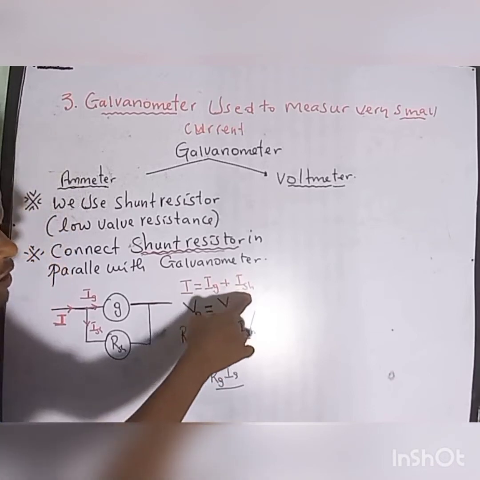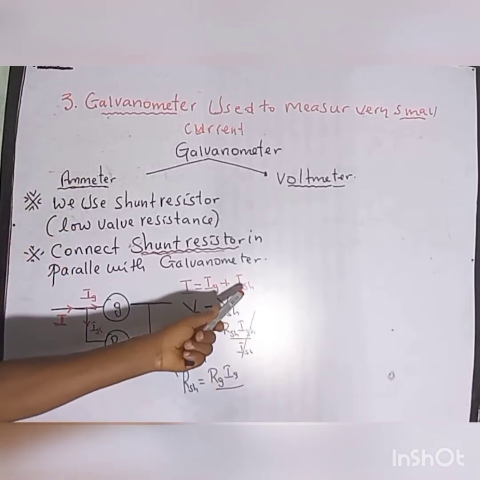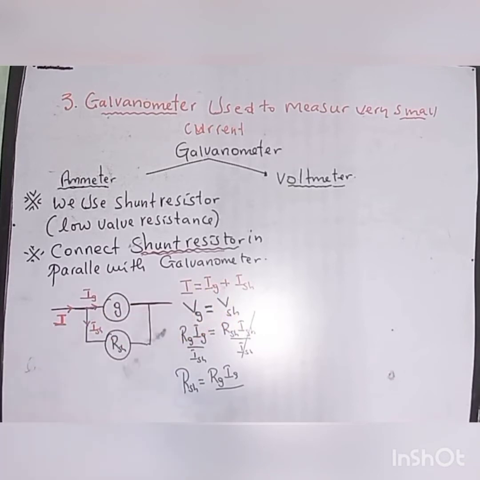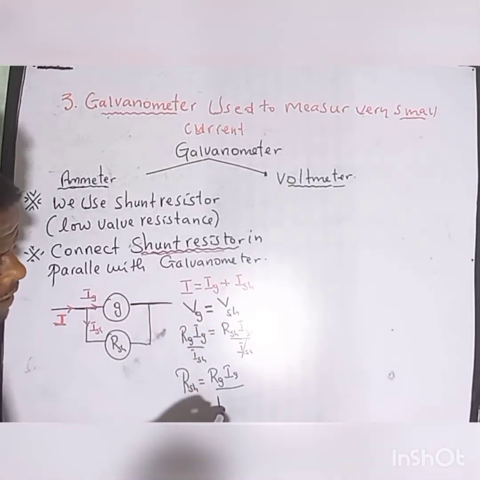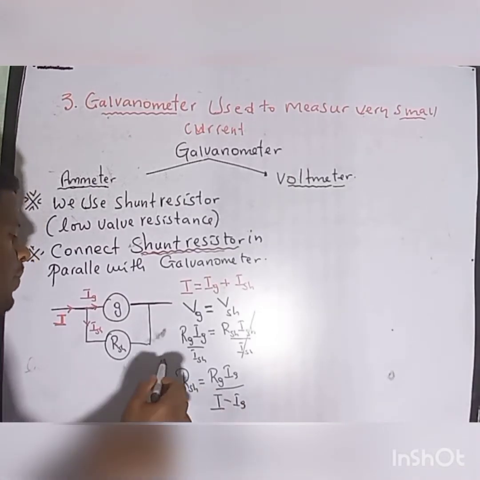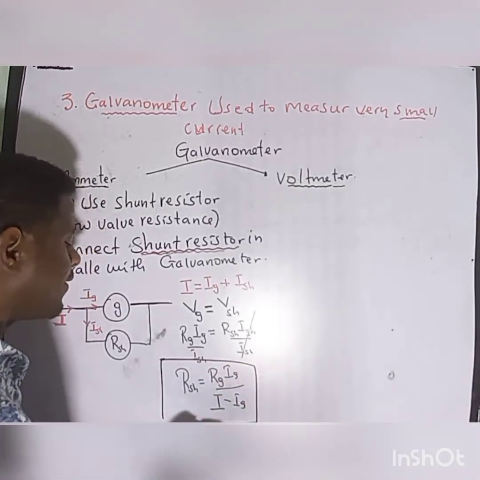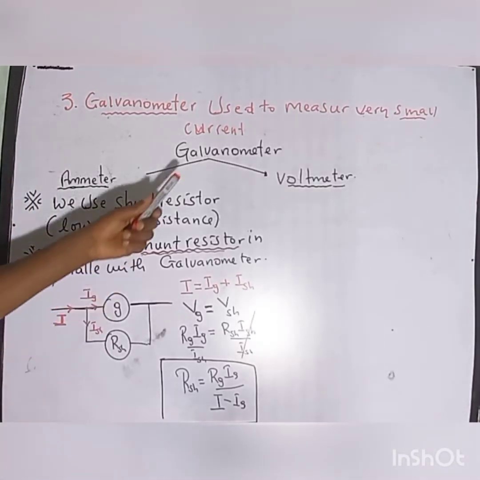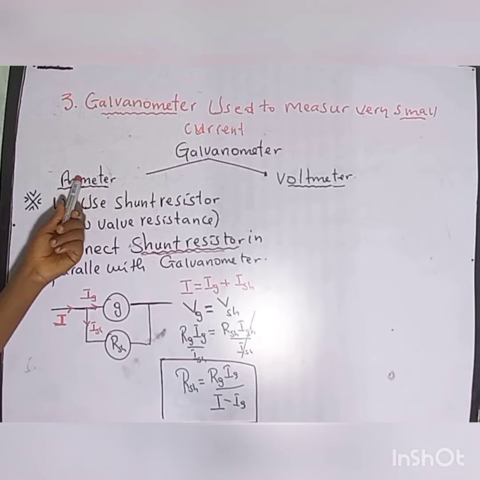But I shunt from the first equation equals I minus Ig. Then R shunt equals Rg Ig over I minus Ig. This is the value of the shunt resistor to use a galvanometer as an ammeter.